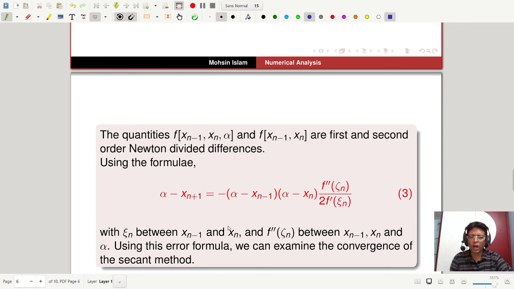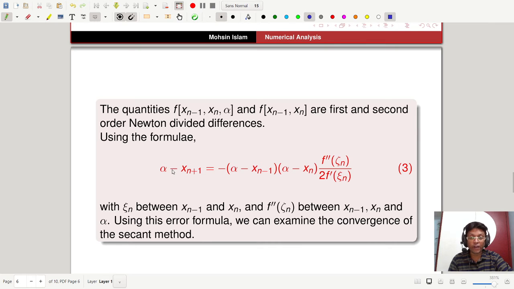Using the divided difference technique and the formula for error, you will arrive at equation 3. I'm not going into detail of this error calculation, as we have already talked about error calculation in Newton-Raphson, bisection and so on. Here xi n is between xn minus 1 and xn, and zeta n is between xn minus 1, xn and alpha.